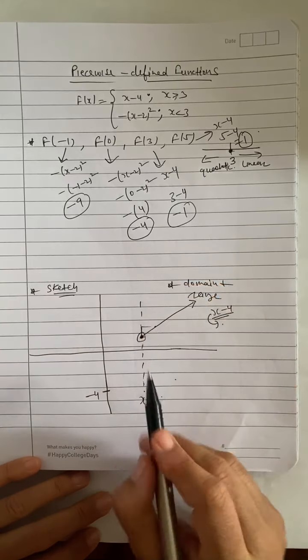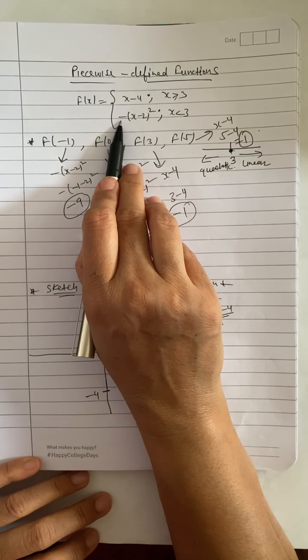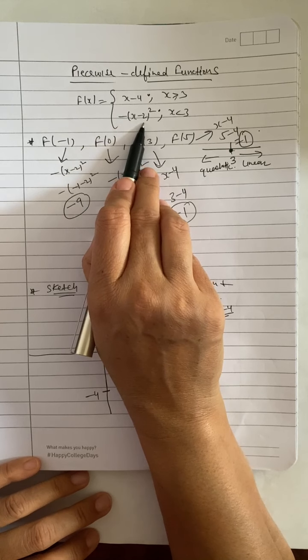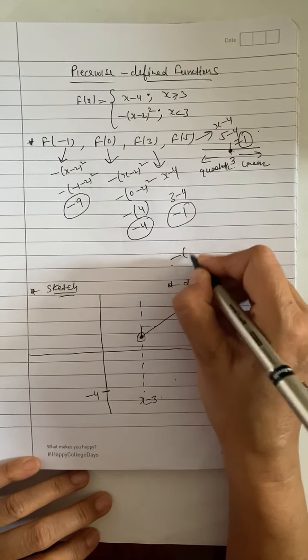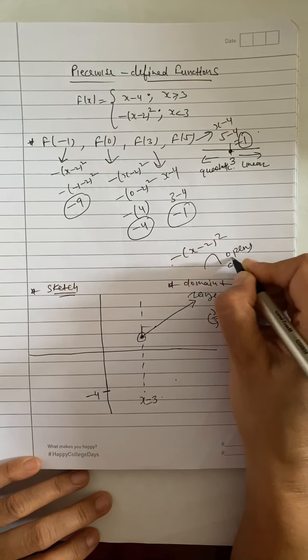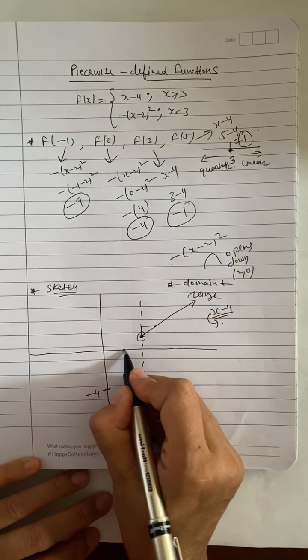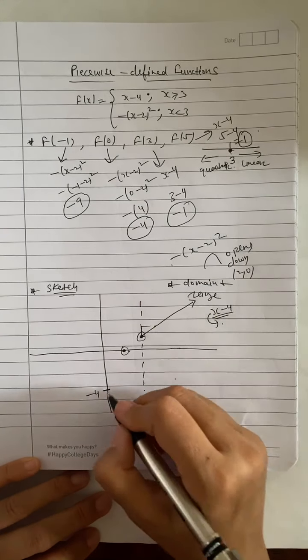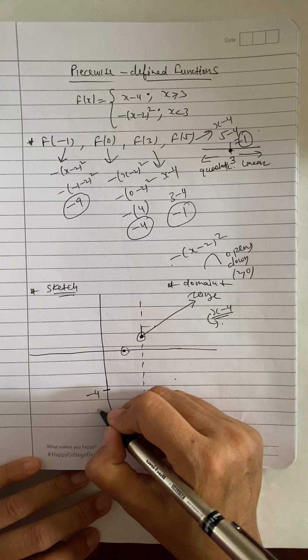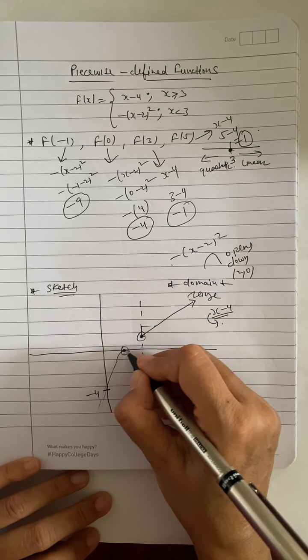Another piece of information: because it's quadratic with a negative in front of (x minus 2) whole square, it opens down. We also know the vertex is (2, 0), so I'm going to sketch that.